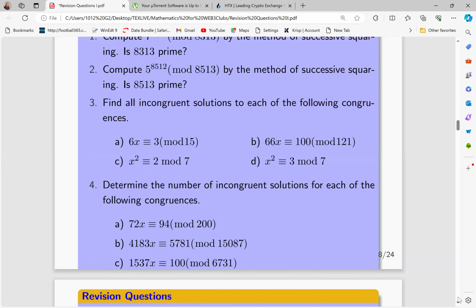Now, question A. I can begin by finding the GCD.